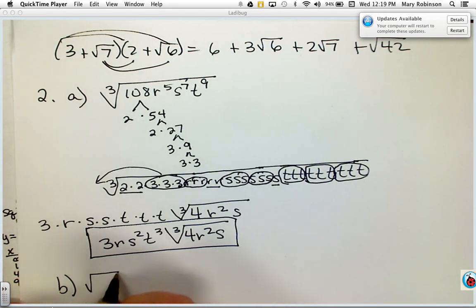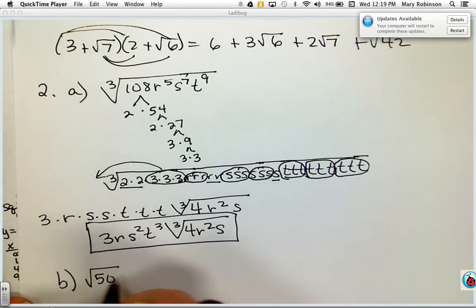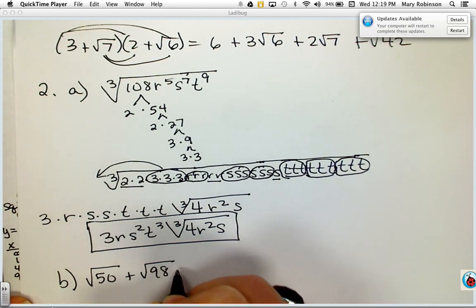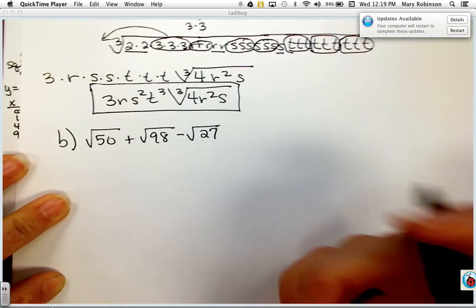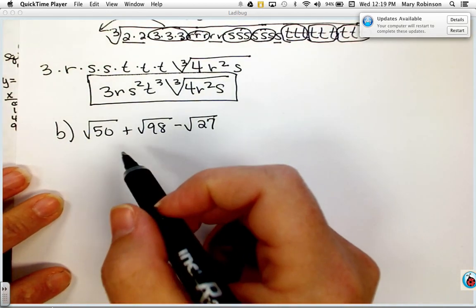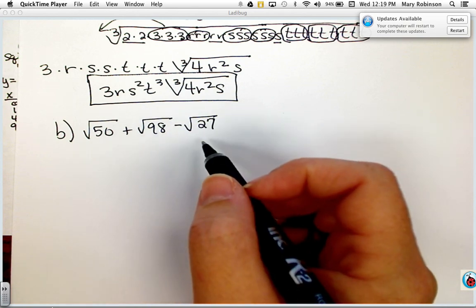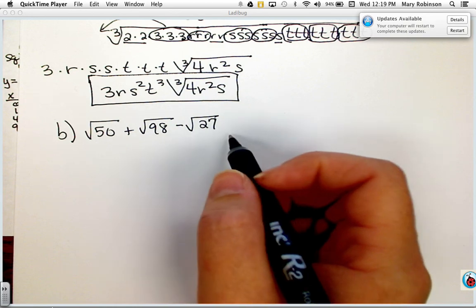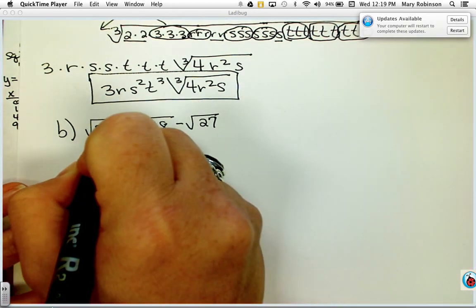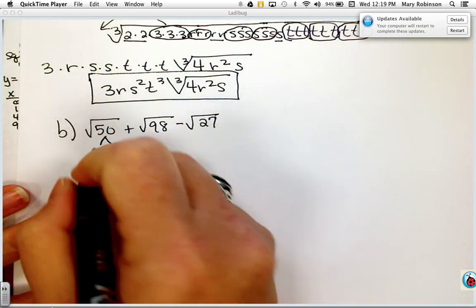Next, you're asked to simplify the square root of 50 plus the square root of 98 minus the square root of 27. So the rule is for adding or subtracting radicals, we have to have the same radicand, which means the number under the radical. So all we can do really at this point is simplify each one and see what happens.